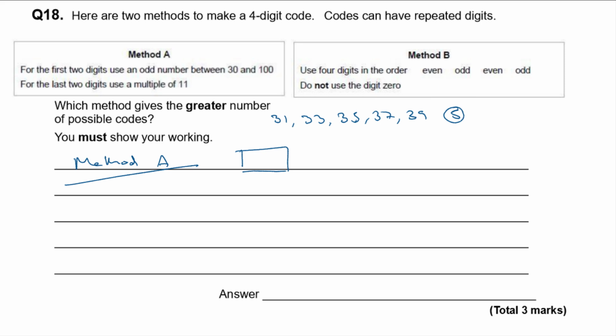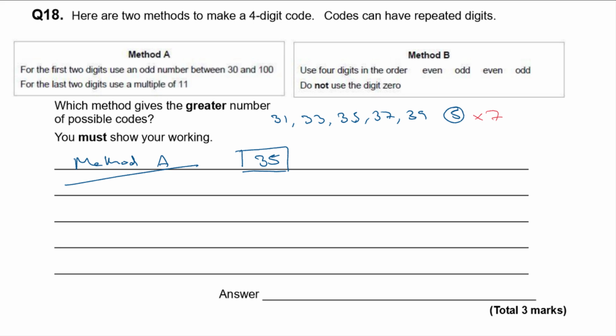So I'm going to have another 5 between 40 and 49, another 5 between 50 and 59, and so on. So that's 5 in each block of 10, and then I've got the 30s, the 40s, the 50s, the 60s, the 70s, the 80s, the 90s, so that's 7 spans of 10. So I'm going to have 5 times 7, 35 different possible odd numbers between 30 and 100, aren't I?